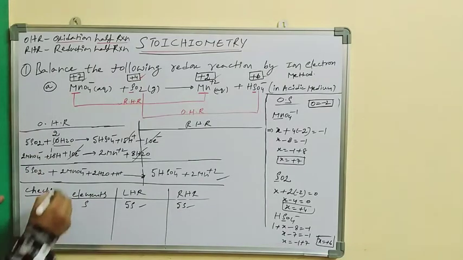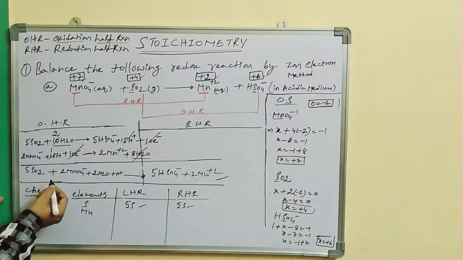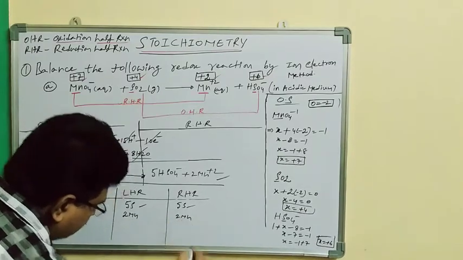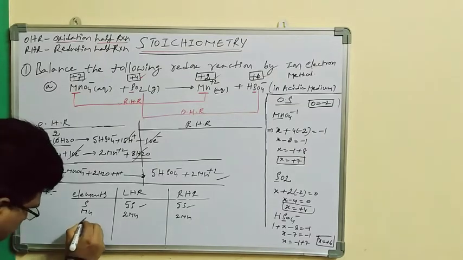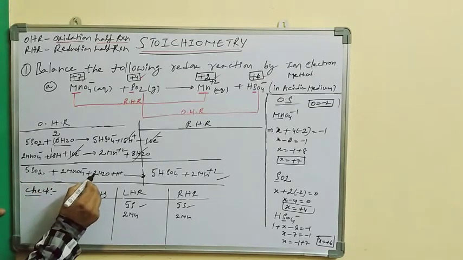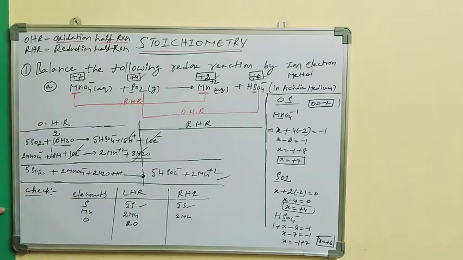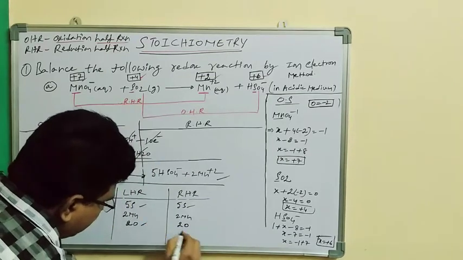Next manganese atoms: 2 manganese on the left, 2 Mn on the right. Next I am checking oxygen atoms: 5 twos are 10, 2 fours are 8, 10 plus 8 is 18, plus 2 is 20. On the product side we got 20 oxygen atoms. So oxygen atoms are balanced.